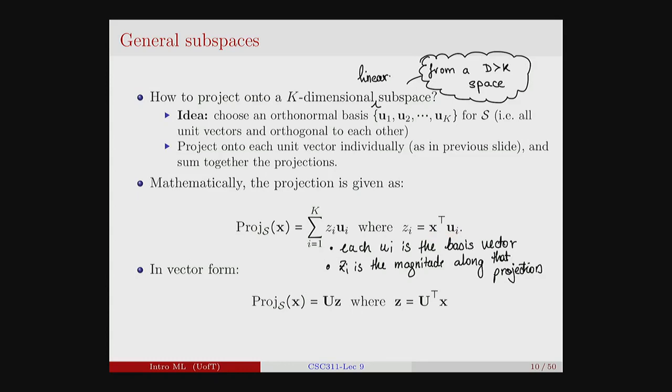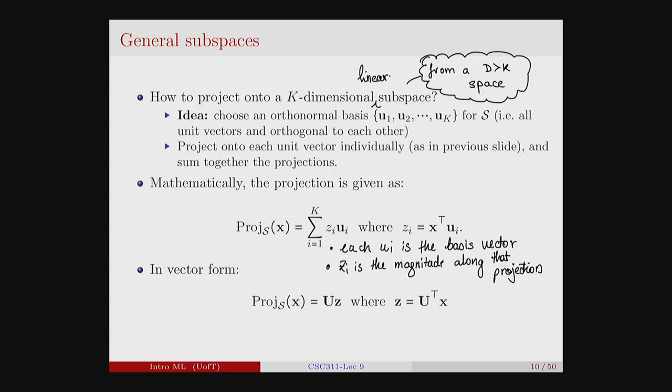So we're doing k different one-dimensional projections onto each of the unit vectors corresponding to the orthonormal bases for this subspace, and then we're going to just sum them all up. That's how we're going to represent the projection of any vector x onto this subspace as a linear combination of how the unit vectors change within that subspace. Any questions so far? So this is just defining the projection in k dimensions.